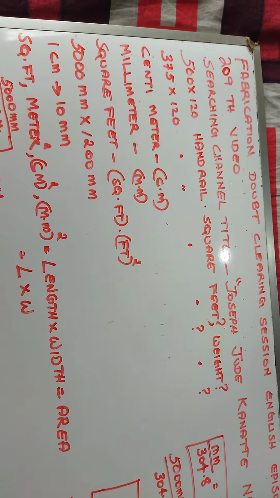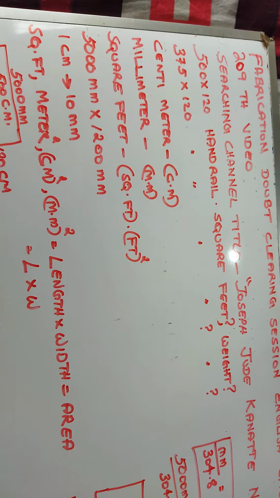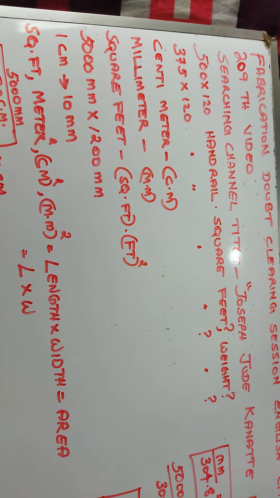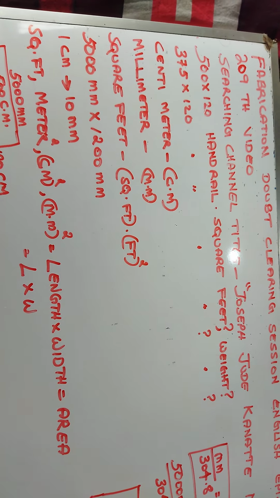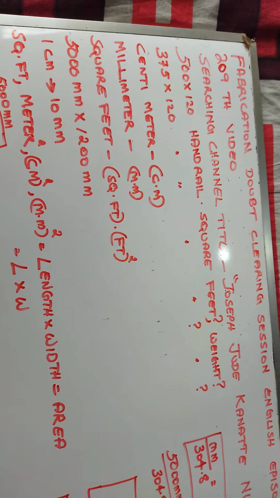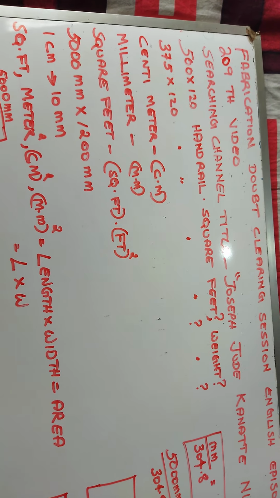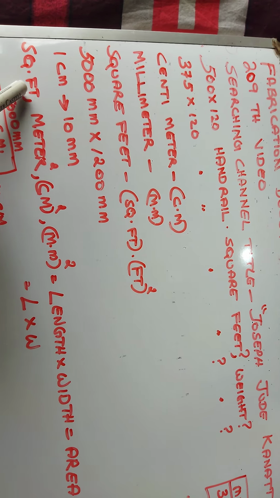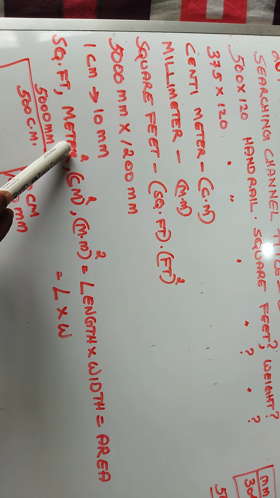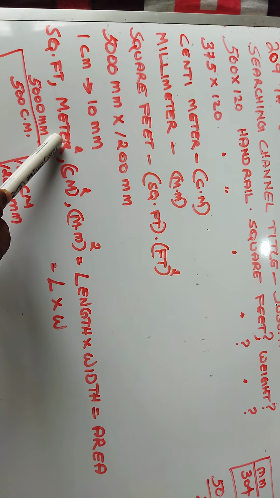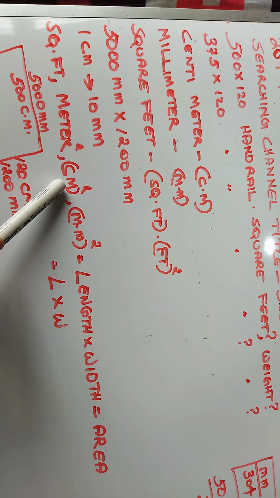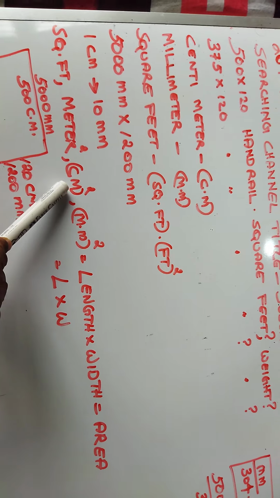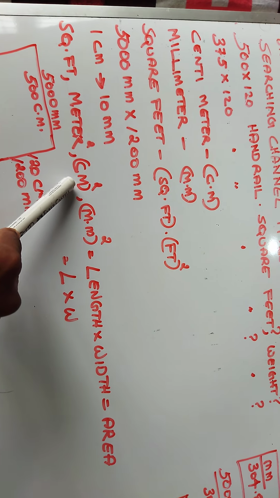So the nice question to ask me is to just tell its area. Then I will ask in which unit you want the area. If you say square feet, I will calculate and give it in square feet. If you want meter square, I will give meter square. If centimeter square, I would give centimeter square.